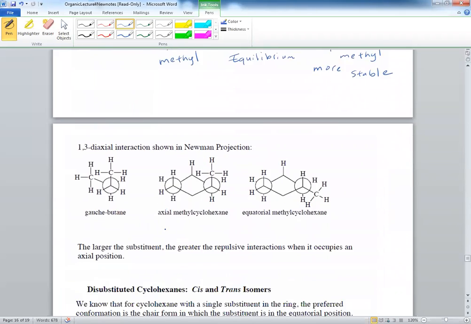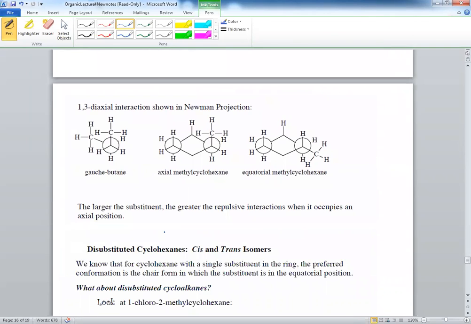Now, I'm not going to really belabor this because this is very hard to see. You'd have to look at it very carefully with the models. But if you look at the 1,3-diaxial interaction, you would see that you would have a gauche butane.